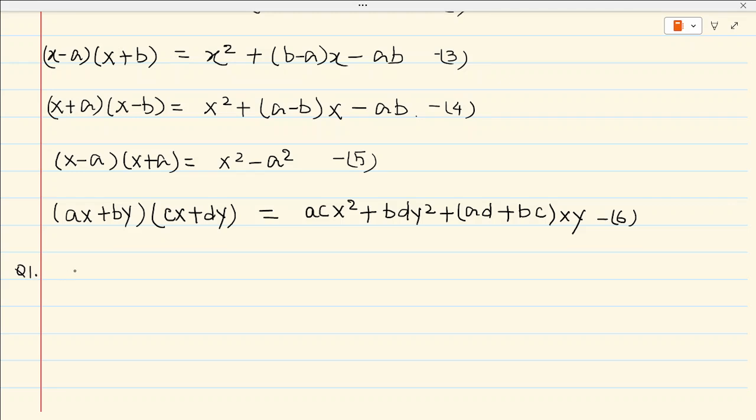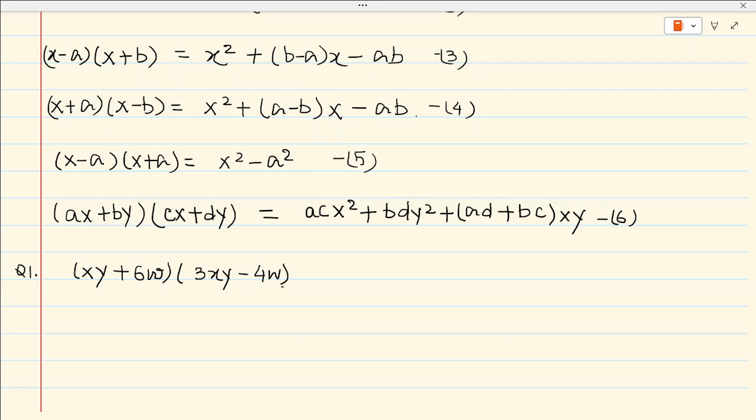So let us take up some questions, which will make you feel better. Suppose we are asked to multiply two quantities, xy plus 6w multiplied by 3xy minus 4w.